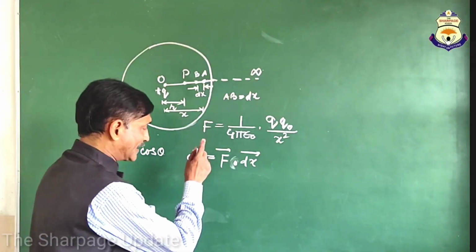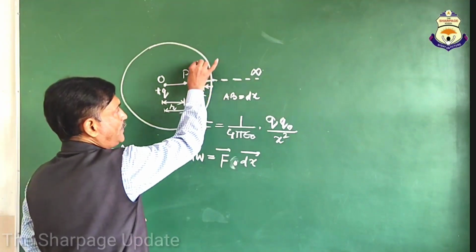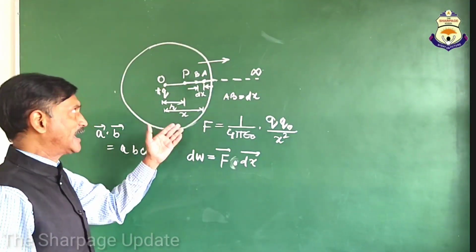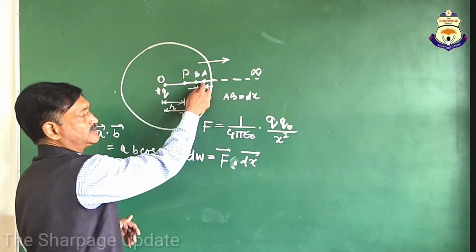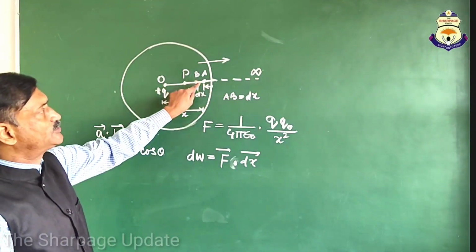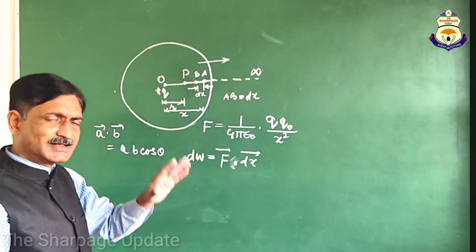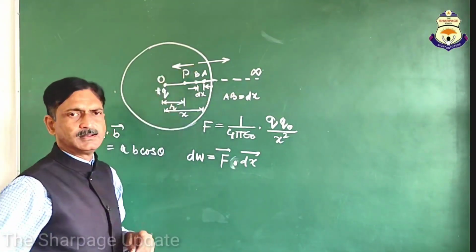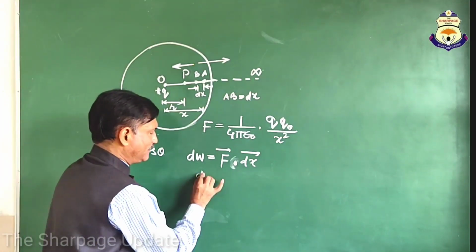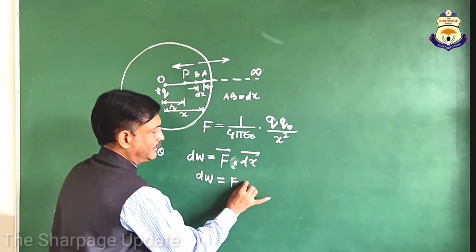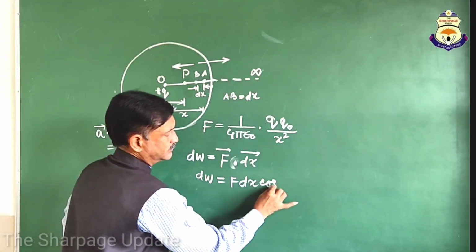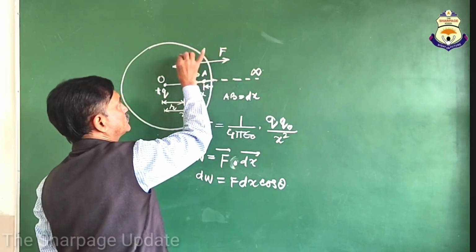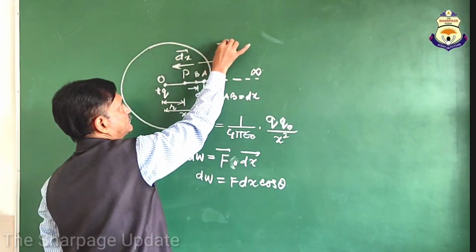So, the direction of force will be in this way, and the displacement direction is the direction of this displacement. We are moving the unit positive test charge from point A to point B. Hence, the direction of displacement will be in this way. So here, dW equals F dx cos theta, where theta is the angle between the direction of force and the direction of displacement.